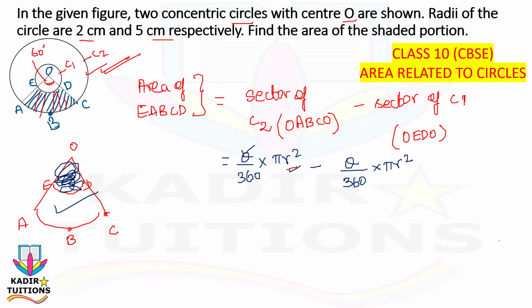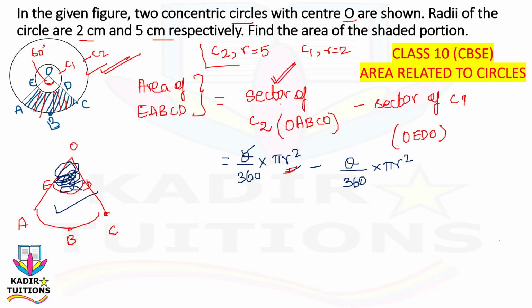And what about the radius? What is the radius for circle C2? It is 5. So for circle C2 the radius is 5 and for circle C1 the radius is 2.